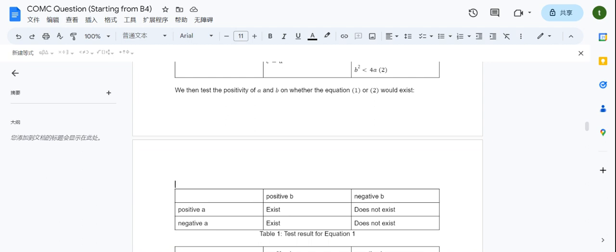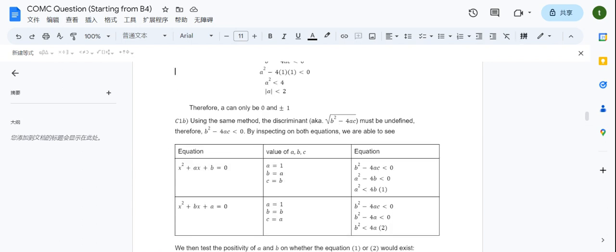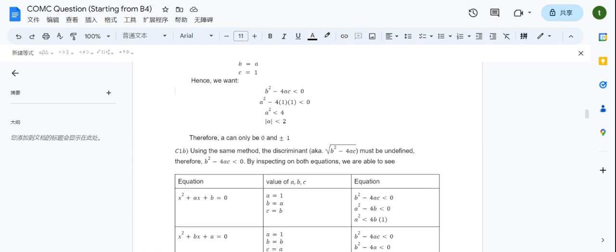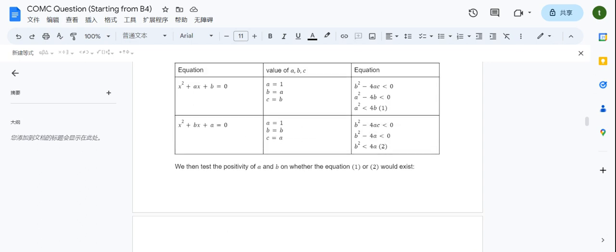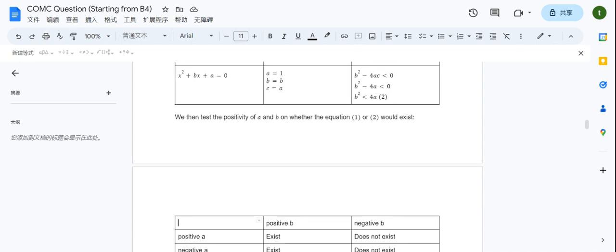With a positive a and positive b, the equation would exist. For example, if you test equation 1, a squared, you set a as a very small value, like 1, and b as a very large value, 1 trillion, 2 trillion, it works.